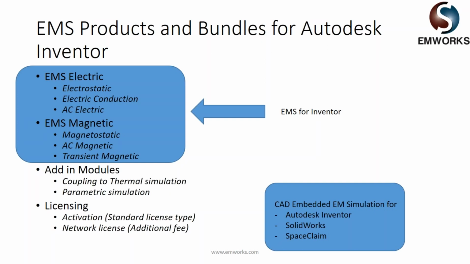You can also do parametric simulation where one can have dimensions done in Autodesk Inventor, and these dimensions can be used to drive the electric or magnetic simulation. So that's parametric. Finally, with regards to licensing, we support activation-based licensing, which is the standard default license type. For an additional fee, we also support network license.